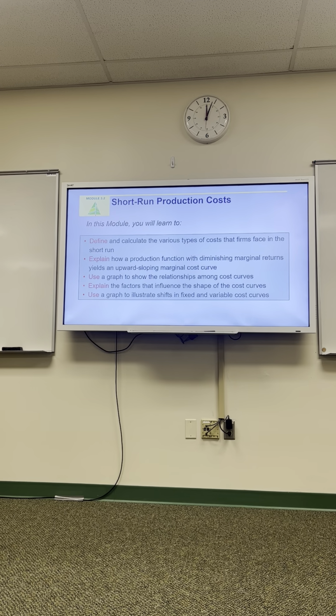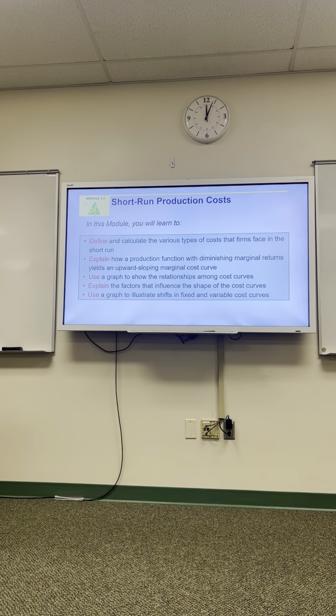And remember how I said at the beginning there was gonna be a lot of graphs? One of the things I want you guys to practice doing at our break, hopefully you'll get there in time, is drawing some of the different cost graphs that we're gonna look at today, okay? So when we do the break, I'm gonna have you all go get one of the dry erase things and start practicing drawing those graphs. You're gonna draw a lot, okay?